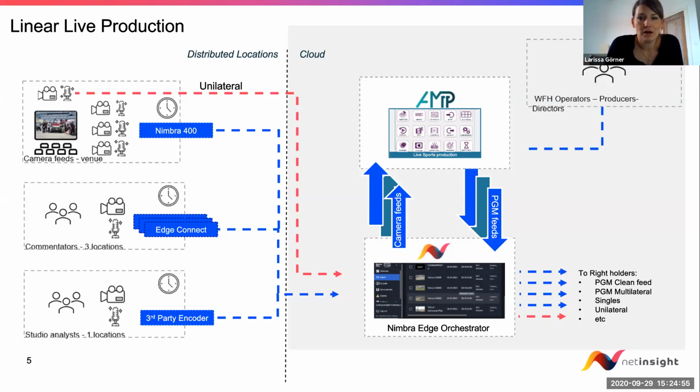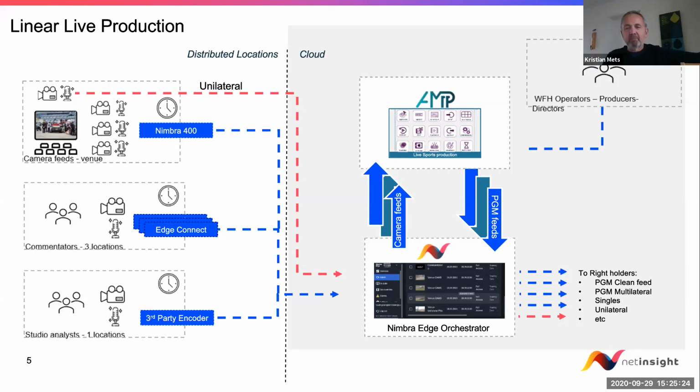So we would do this production, so you're switching that, and then we're producing different kinds of program feeds, or you could have other feeds for whoever you would want, with different graphics, localization, and regional things put in there. And then we're handing these feeds back to the Nimbra Edge orchestrator in the workflow. And this is where I actually hand off to Christian and Urko to go further on how we move on.